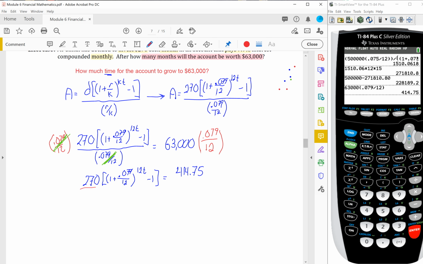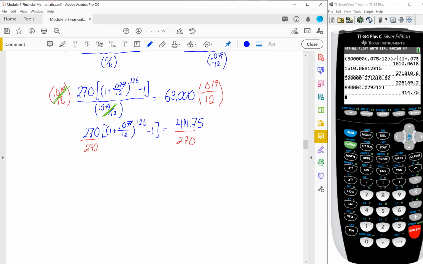And so let's divide both sides by the 270. So I think this will give us the 1 plus the 0.079 divided by 12 raised to the 12t minus 1 equals, now the right hand side, the 414.75 divided by the 270.